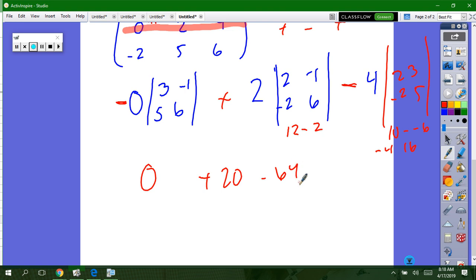If I add those together, what do I still get? Is that the same determinant as I had last time? It was, right? So the determinant is pretty easy. It's not that hard. You could do this. This is called minors and cofactors. They could ask you specifically.